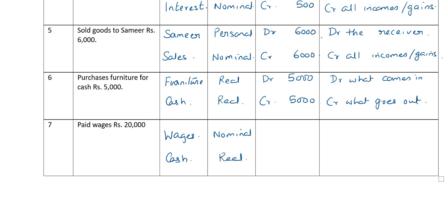Rule for nominal account is debit all expenses and losses, credit all incomes and gains. In this case, it's an expense. Debit all expenses. Cash goes out, so credit what goes out in real account.